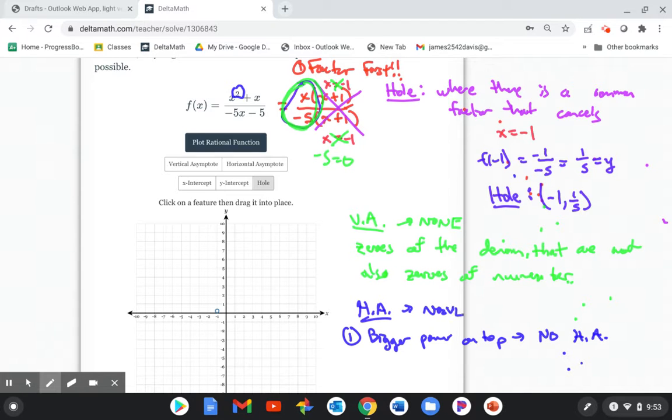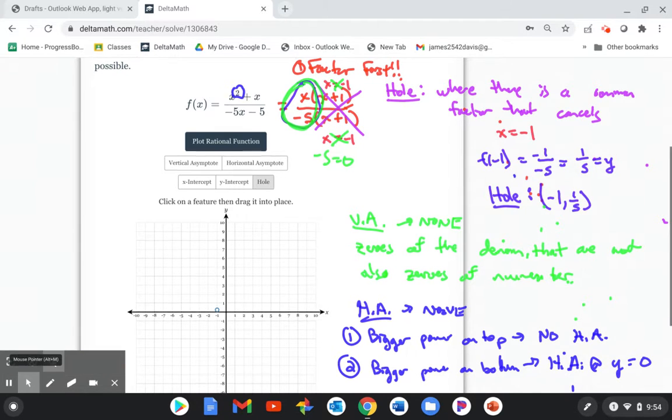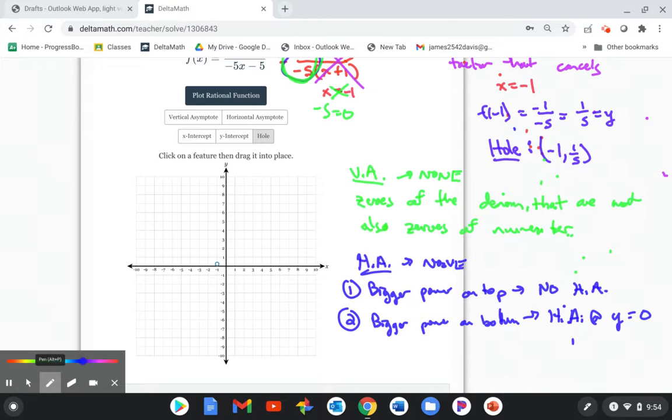But just to run through the other 2 rules, if the bigger power is on bottom, then there is a horizontal asymptote at y equals 0. It'll always be y equals 0.